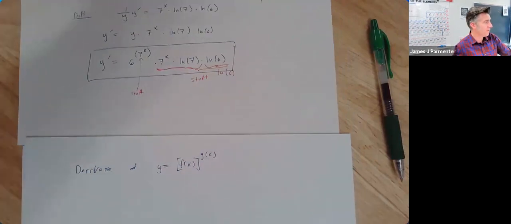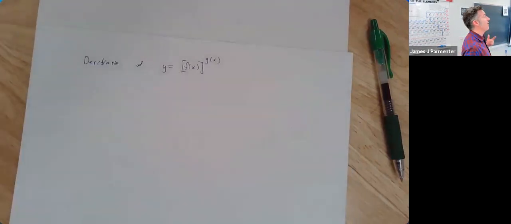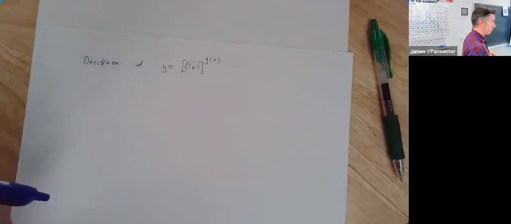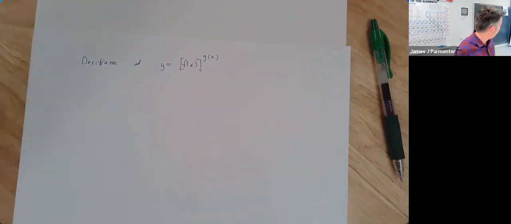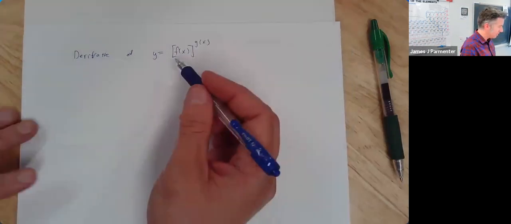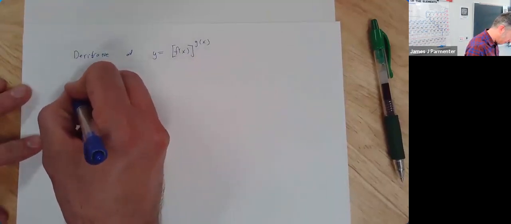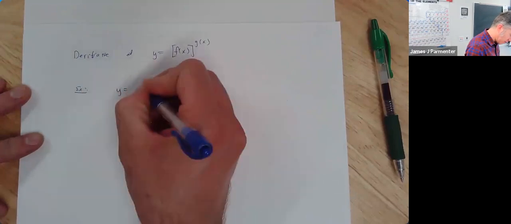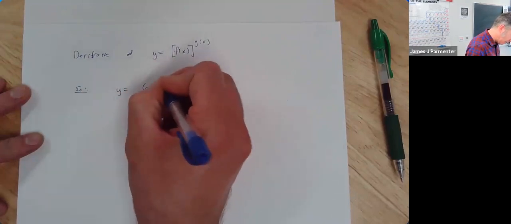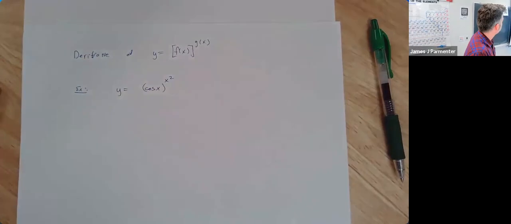I looked at your practice exams, and you're definitely going to have a question like this on your exam, for sure. I'd bet a lot of money, like finding the derivative of y equal to cosine of x to the x squared power.